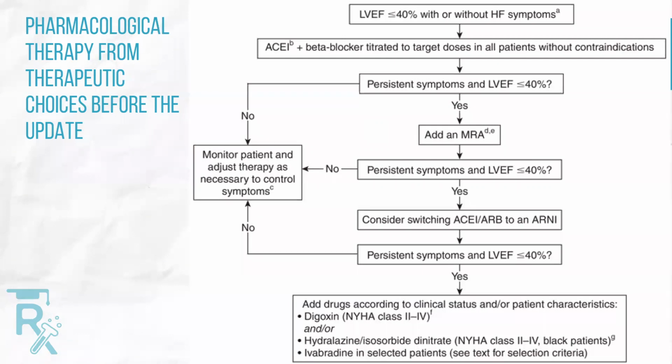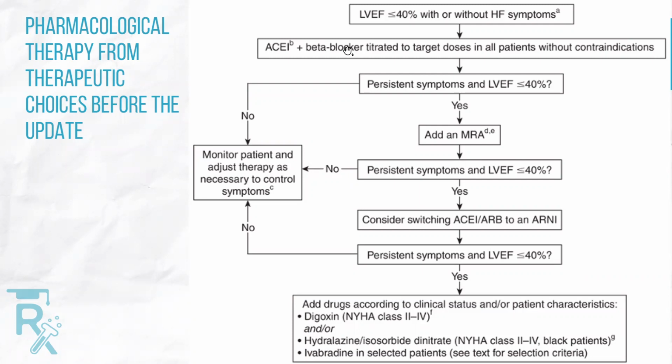So the first question is, why don't we give the ACE inhibitor and the beta blocker at the highest dose from the beginning? Why do I start low and go up slow with ACE inhibitor and beta blocker?